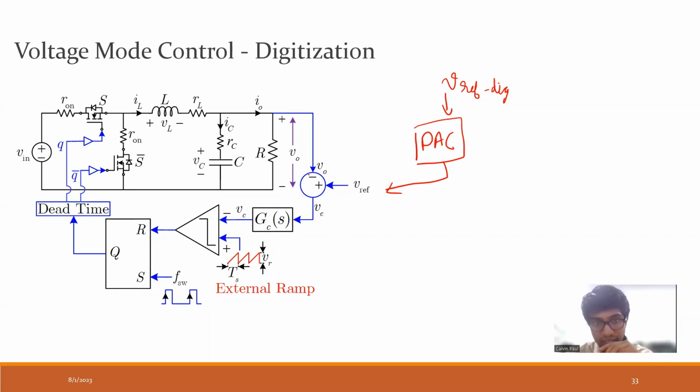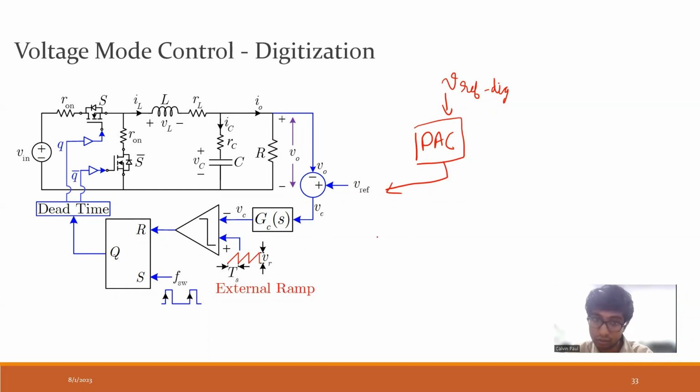So the entire loop is analog, and VREF also is analog, but this analog VREF can be programmed via a DAC. DAC stands for digital to analog converter. So that value which I want can be programmed, and that goes to a DAC, and that will give me my VREF. This is known as a housekeeping arrangement for voltage mode control.